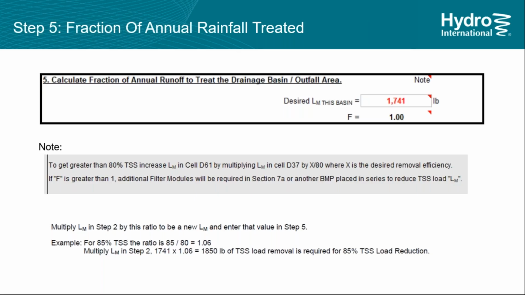So the Up-Flo filter can be used for TSS removals for more or less than the standard 80% based on our 78% concentration removal.